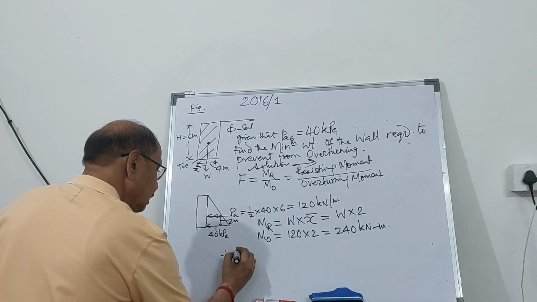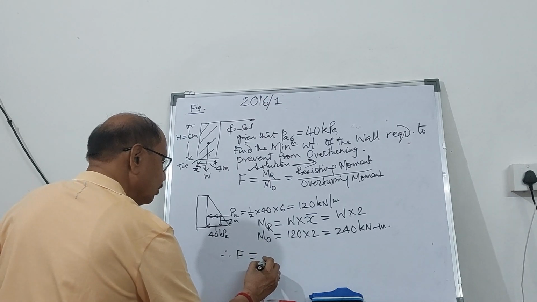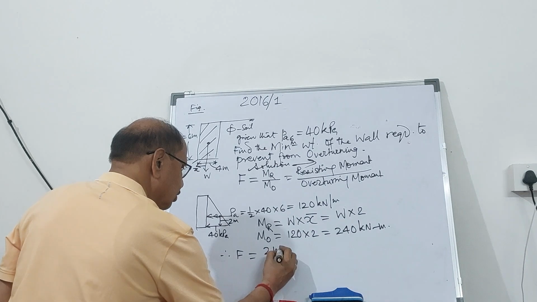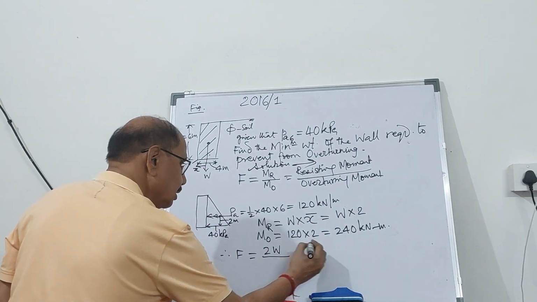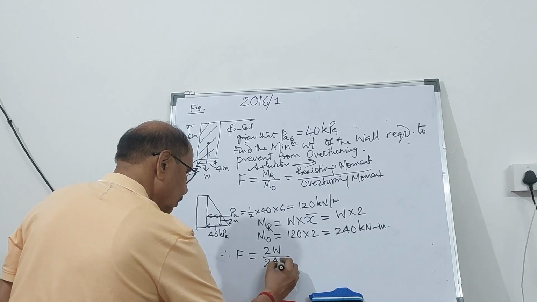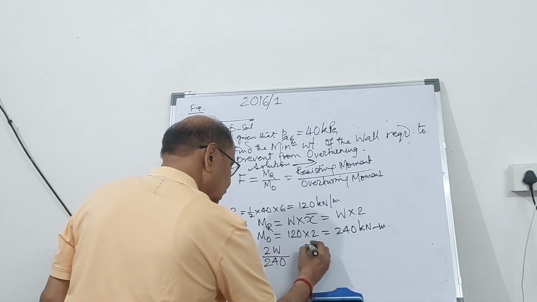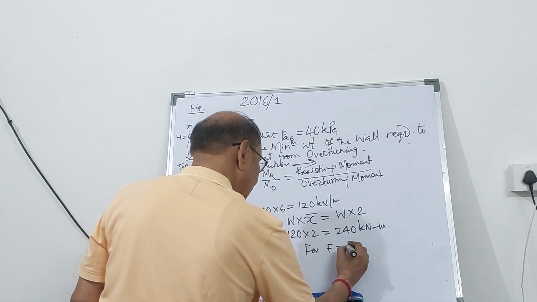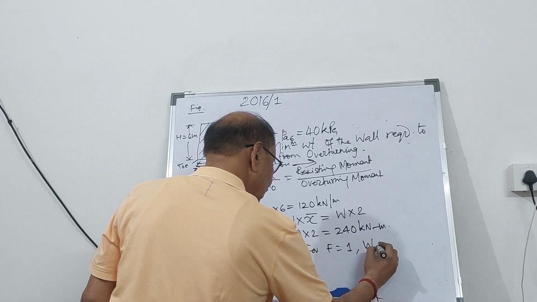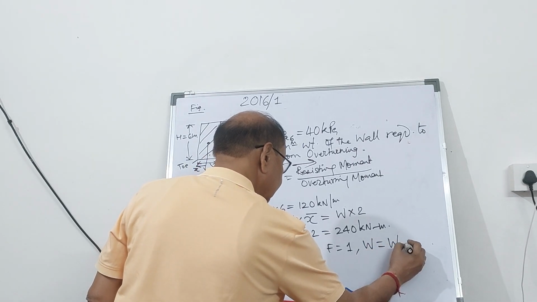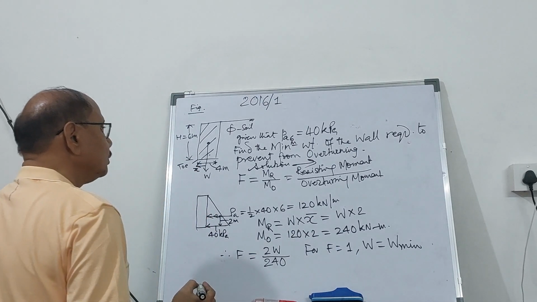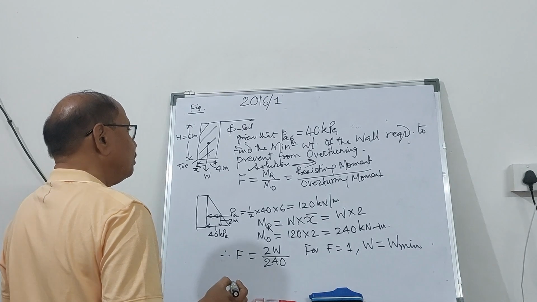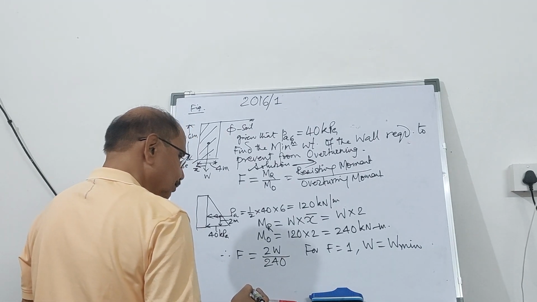Therefore, the factor of safety equals 2 times W MR divided by 240. Now, for F equal to 1, W equal to W minimum, the critical value, the minimum weight of the wall required to prevent overturning.